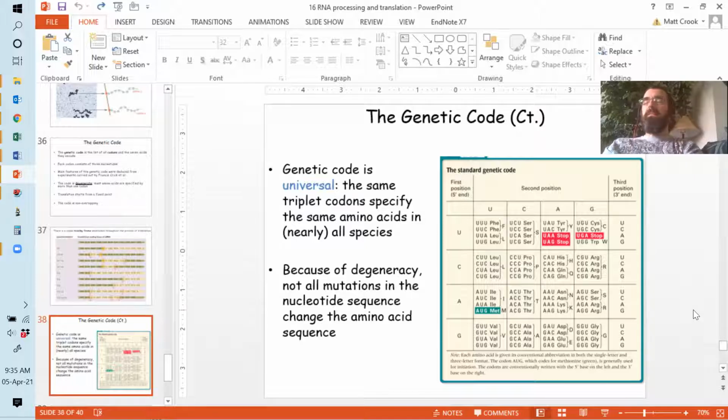If you think about it in terms of numbers, in an open reading frame, even if mutations occur by random chance, as long as they're conversions from one base to another, there's a high chance that you're not going to have any change in the amino acid sequence.